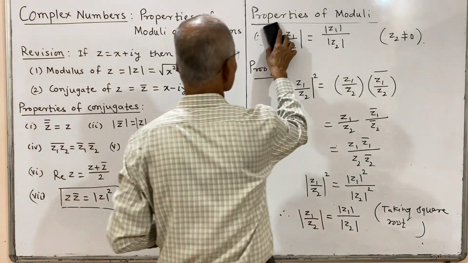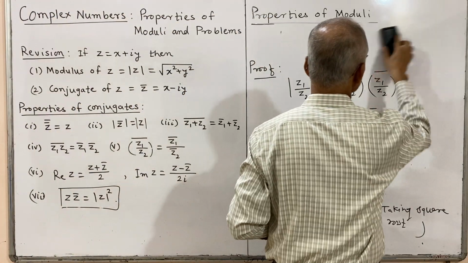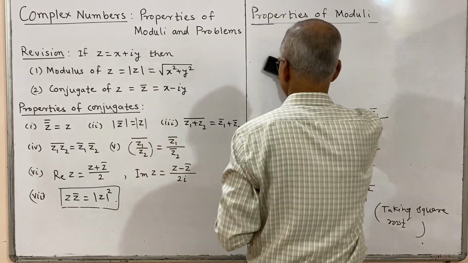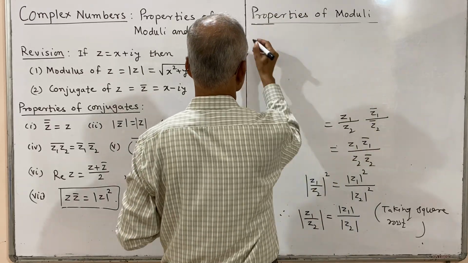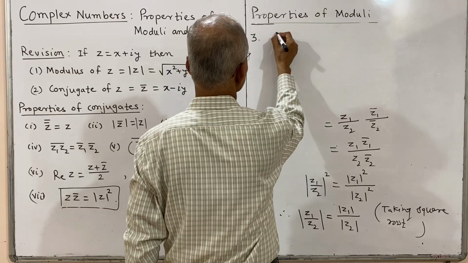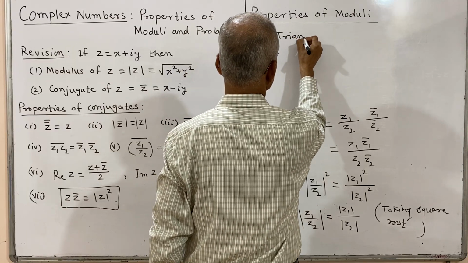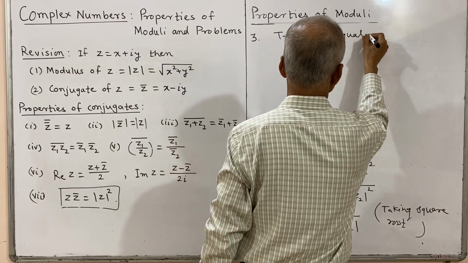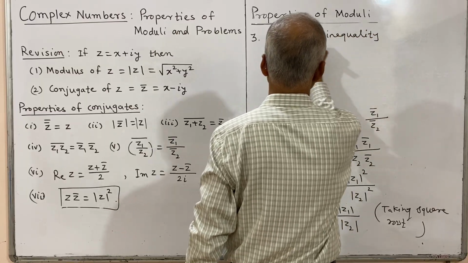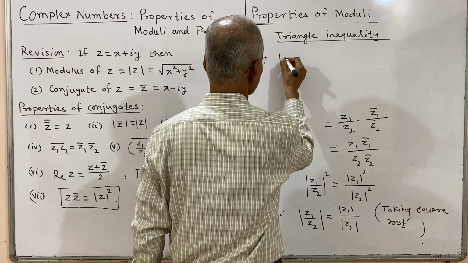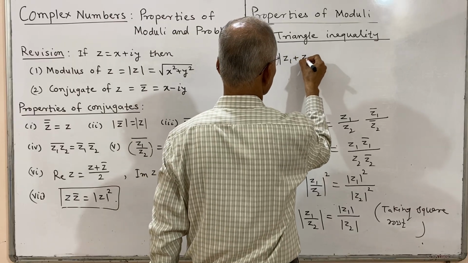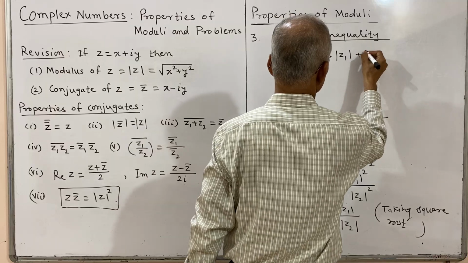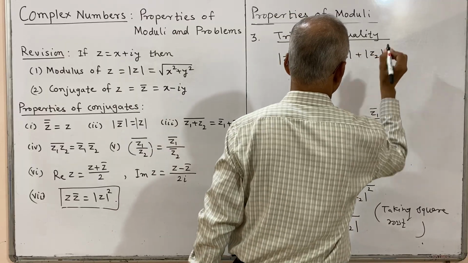Now we shall consider the third property, which is important, and that is also known as the triangle inequality. The property is mod of z1 plus z2 is less than or equal to mod of z1 plus mod of z2.